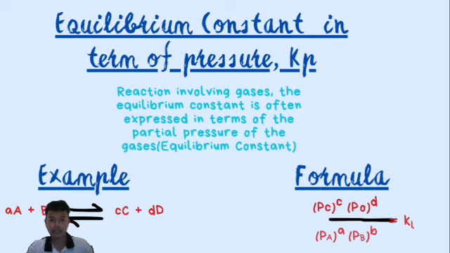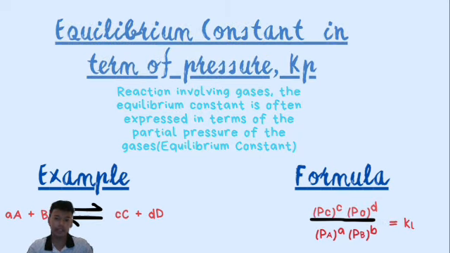For reactions involving gas, the equilibrium constant is often expressed in terms of the partial pressures of the gases. So we have two formulas here, and we use Kp for pressure.